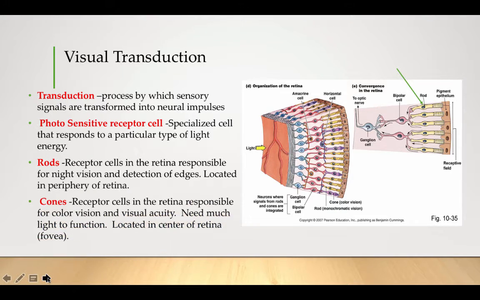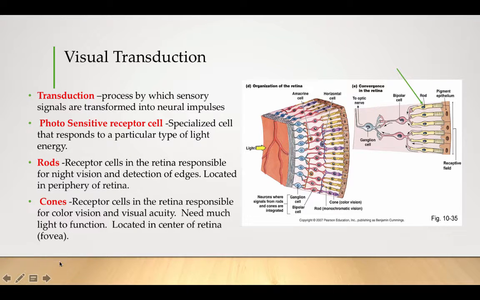And then we have our cones, which are also photosensitive receptor cells, about 6 or 7 million in each eye, located mostly densely packed in the fovea, mostly sensitive to either red, blue, or green, long, medium, or short wavelengths of light. And they're also responsible for visual acuity. You should ask yourself why they are responsible for visual acuity and how that relates to the bipolar cells.